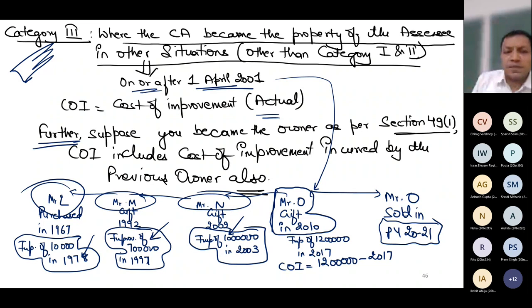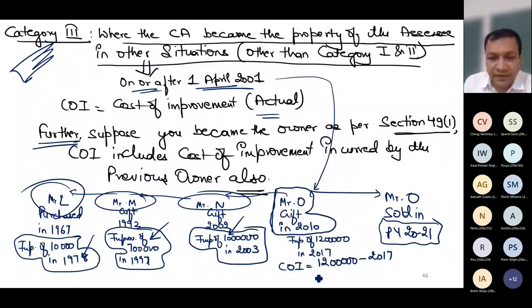Can you tell me which improvement I will take into consideration in my example? Sir, the improvement of 10 lakh. Why not the improvement of 10,000 and 7 lakh? Because it was done before 1st April 2001. Yes.